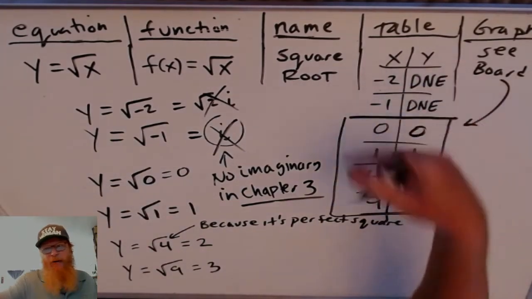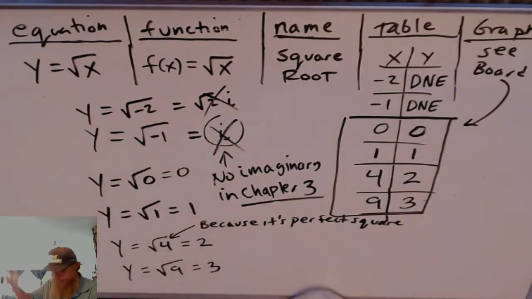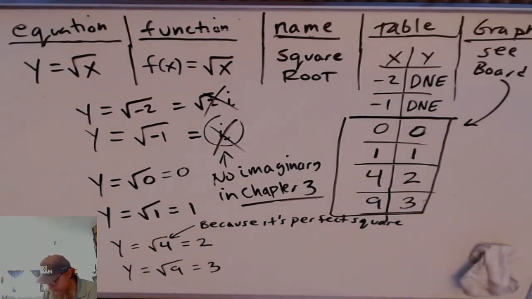We're not going to graph the DNEs. DNEs do not exist. That's what DNE means in this context. Since all my numbers are positive, you're going to see what my graphing board looks like. It's all in quadrant 1.